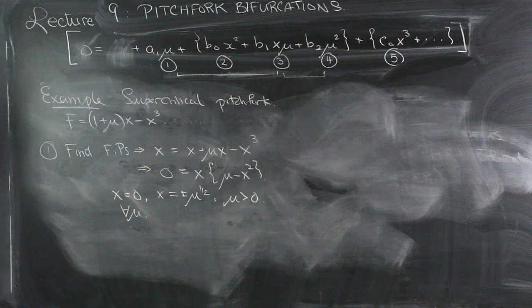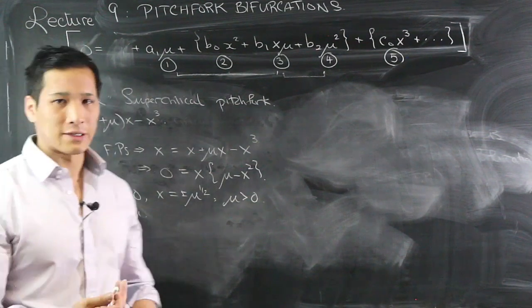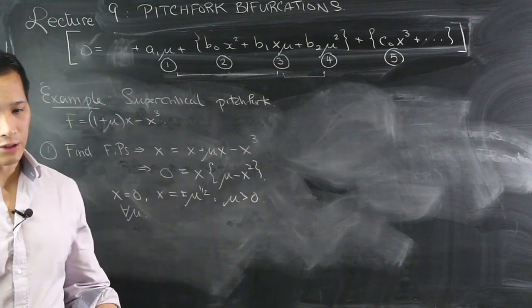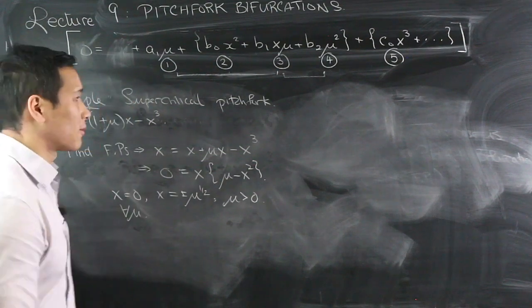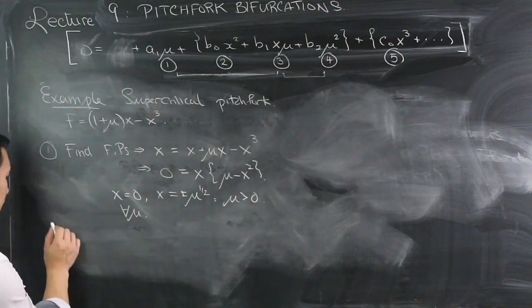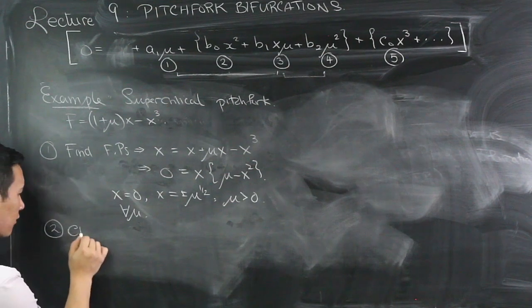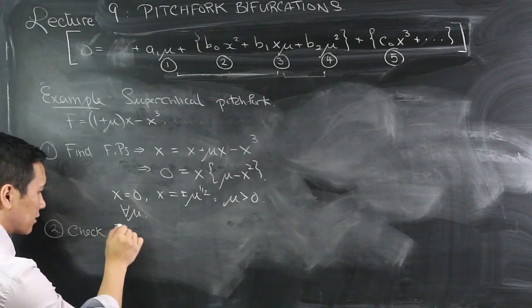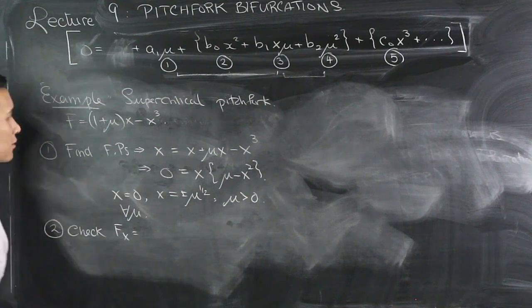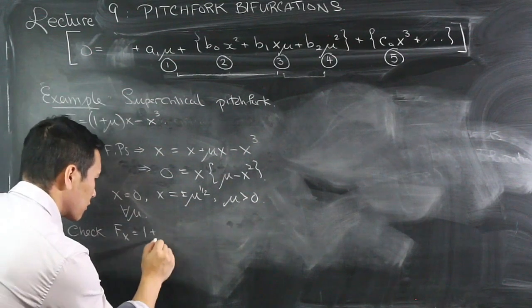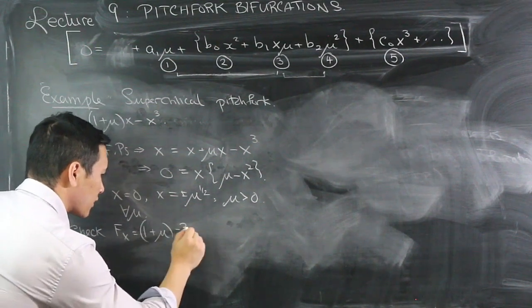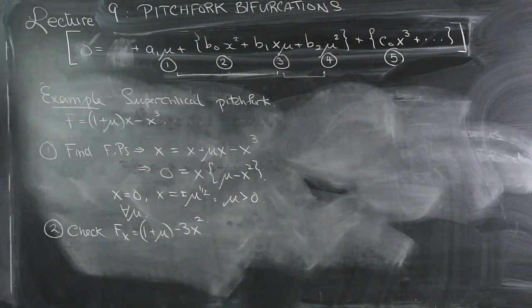Once you've done that, go and find stability. To check stability, you just take the derivative of the function and then substitute in the fixed points. So here, check f prime. f prime is equal to 1 plus mu minus 3x squared.